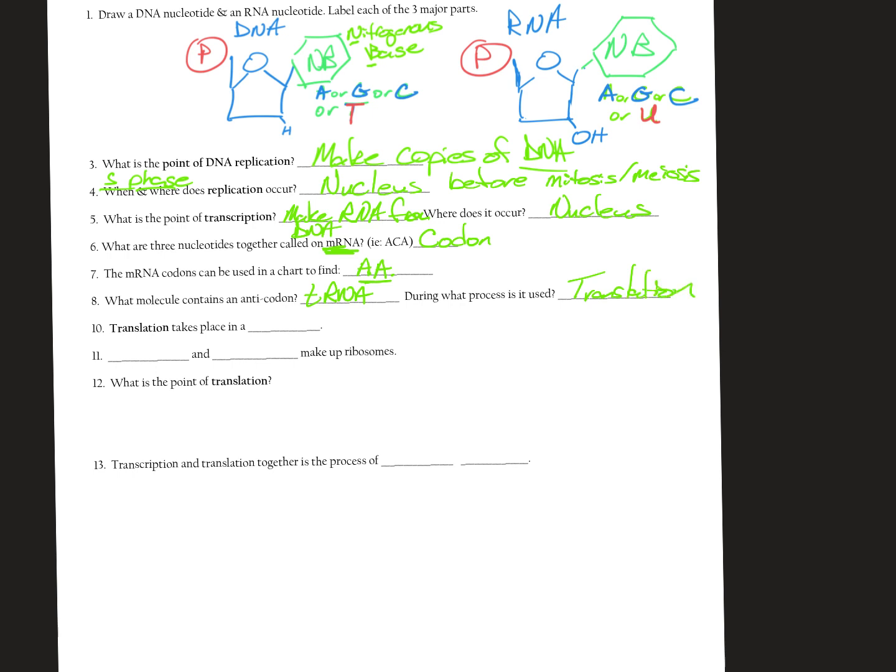Translation takes place in a ribosome. I said this twice before, but I'll say it again. That ribosome can be in the cytoplasm, and usually that's the answer you're going to give, or in the RER. And blank make up ribosomes.